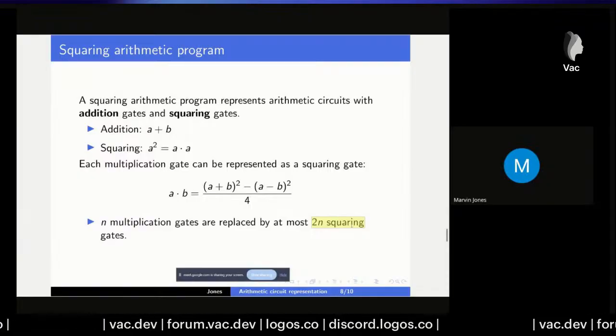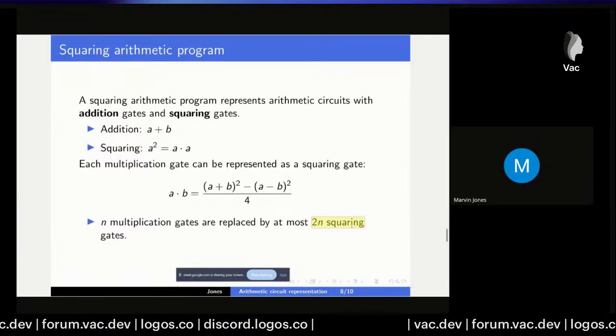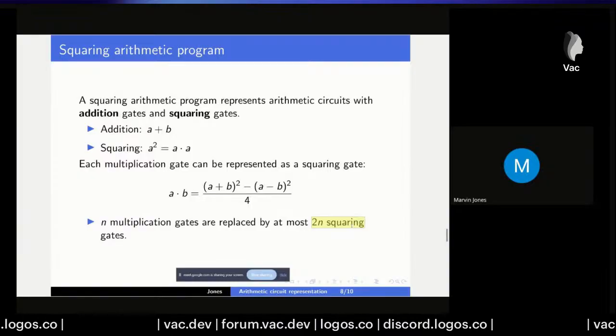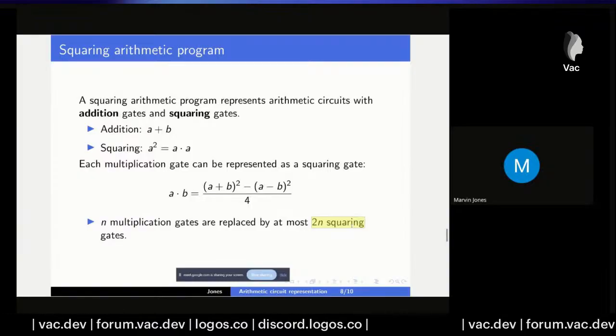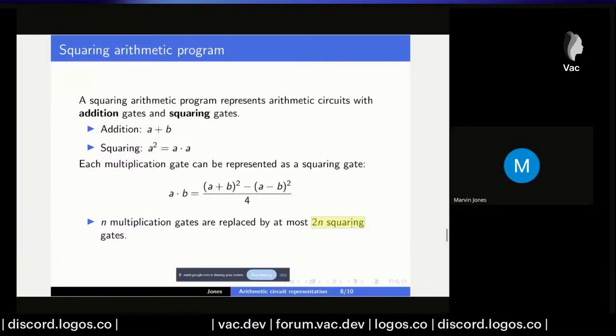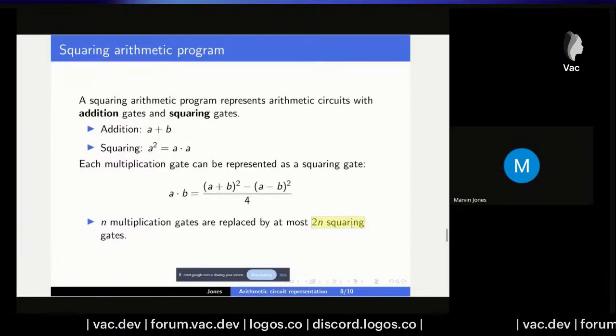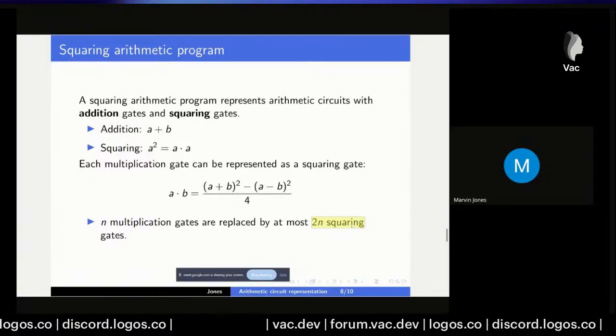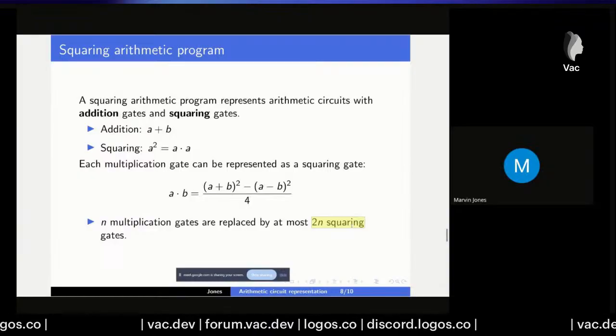Now, is there a good theoretical reason to use squaring gates over multiplication gates? I think it's one of those things where if you stare at the problem long enough and you can see something really slick that makes something smaller, then you go with squaring gates. But outside of that, I'm not sure there's a good reason.